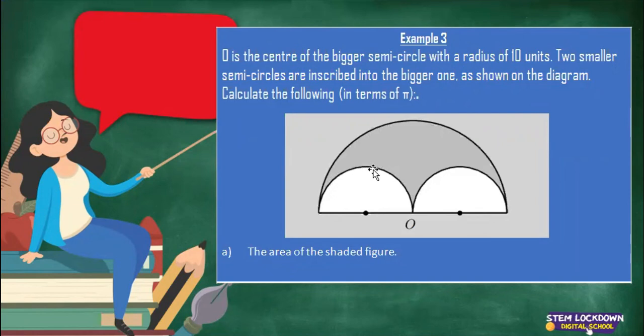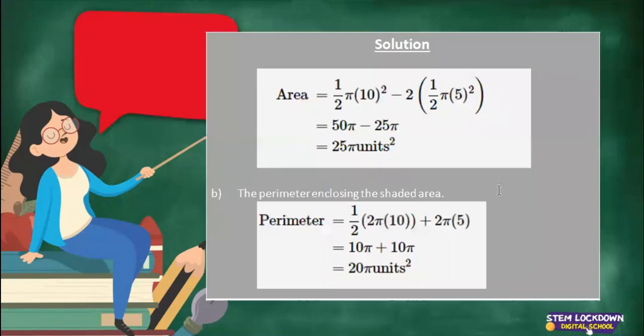We need to find the length of the circumference of one small circle, plus the circumference of the other small circle, plus the half circumference of the big semicircle. Remember, our formula for the circumference of a circle is 2 pi r.